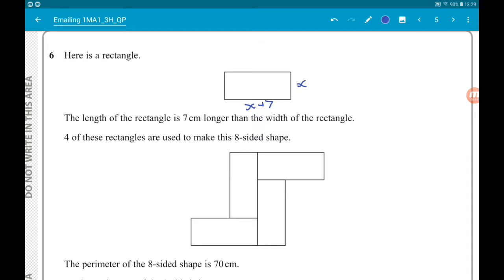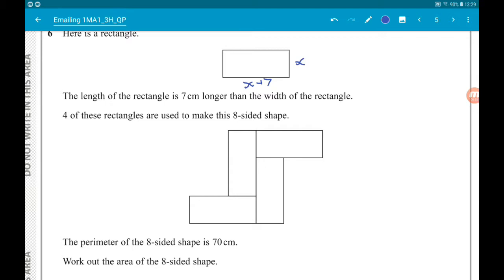Okay, so then we're told 4 of these rectangles are used to make this 8-sided shape. We are told that the perimeter of the 8-sided shape is 70 centimeters. We want to work out the area of the 8-sided shape.